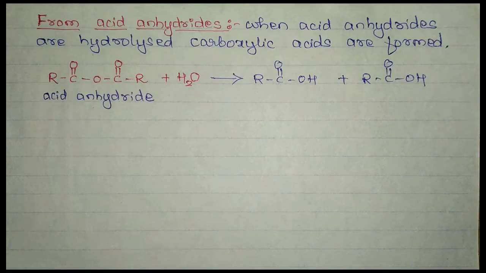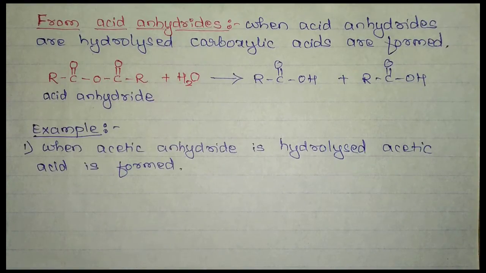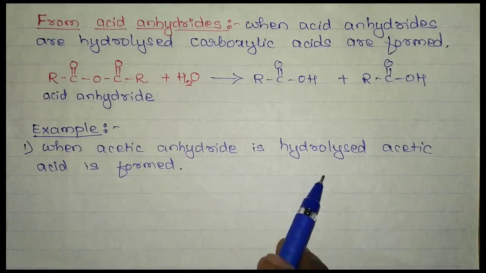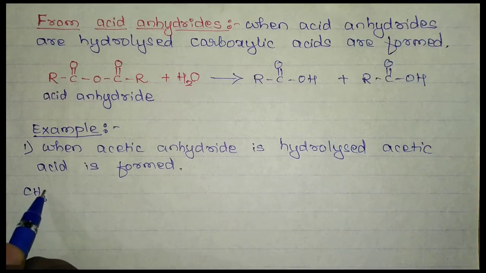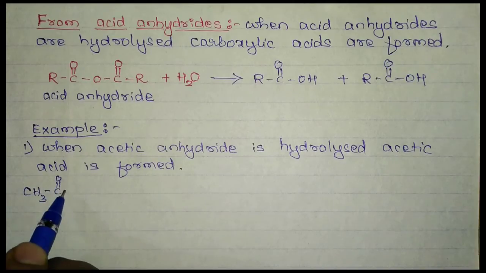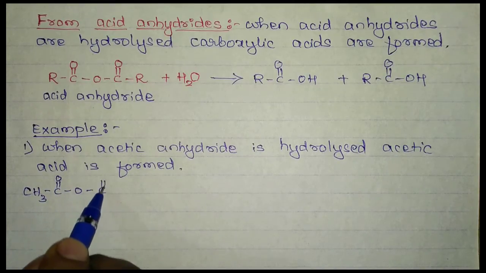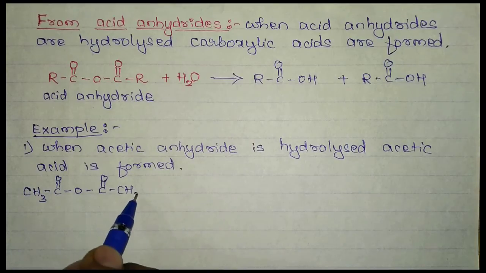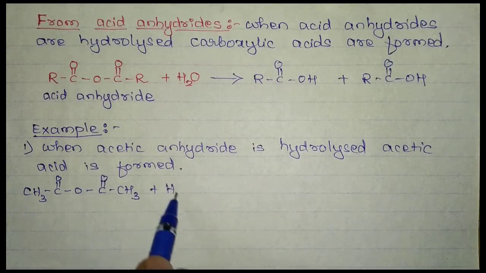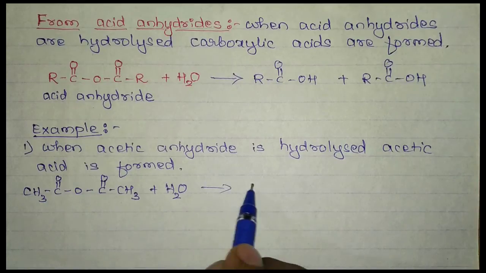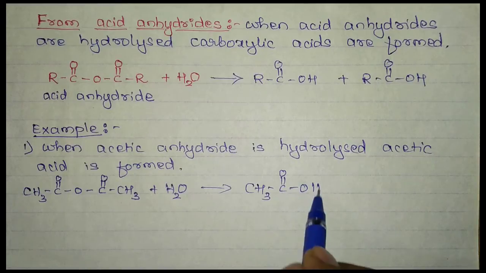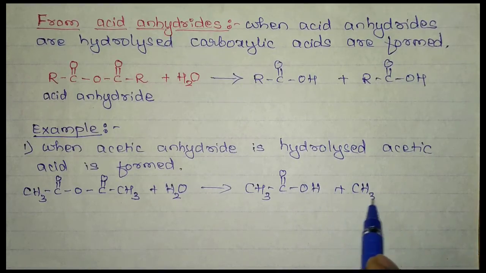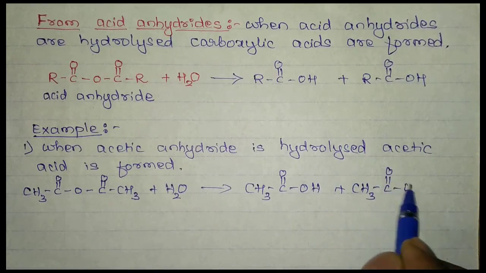Now let us discuss an example. When acetic anhydride is hydrolyzed, acetic acid is formed. Acetic anhydride is CH3COOCOCH3. When acetic anhydride is subjected to hydrolysis, you are going to get acetic acid, CH3COOH plus CH3COOH.